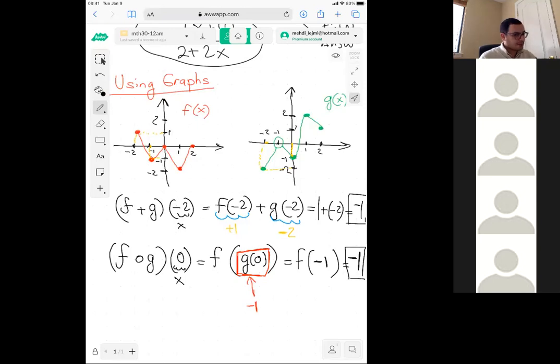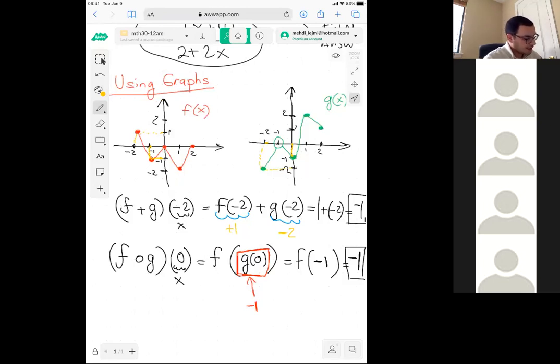Wait, Professor, where is it? You said -1, we're looking at the f graph, right? Yeah, f of -1, it's the yellow one. Okay, it's still -1. But wouldn't it be -1 times -1? No, it's not -1 times -1.